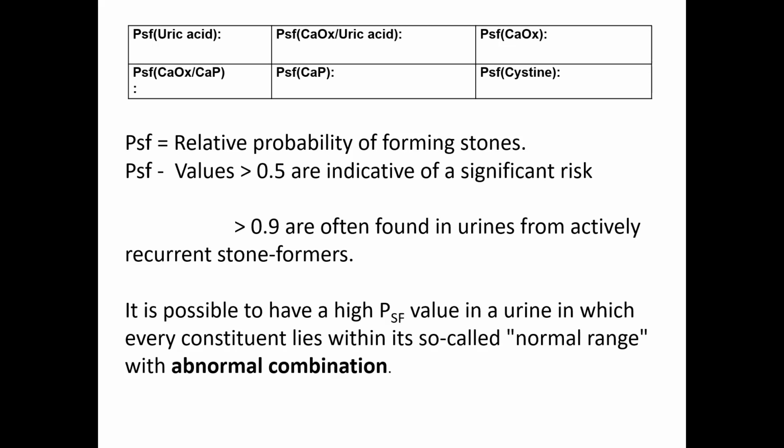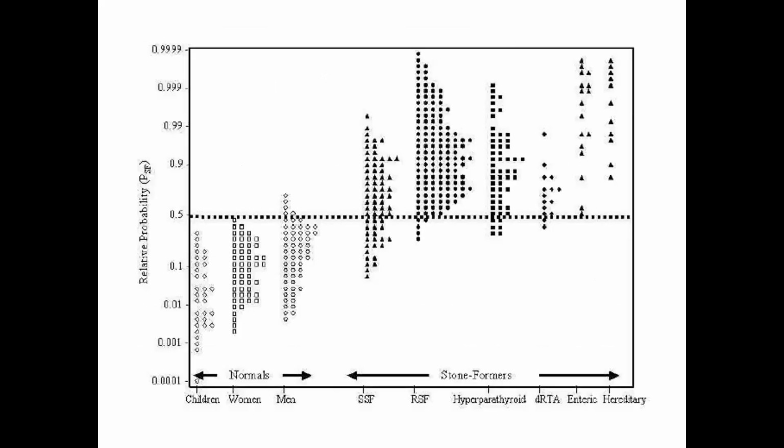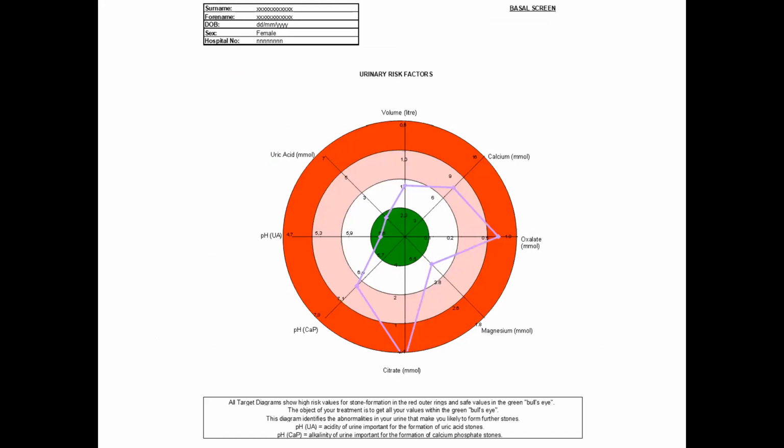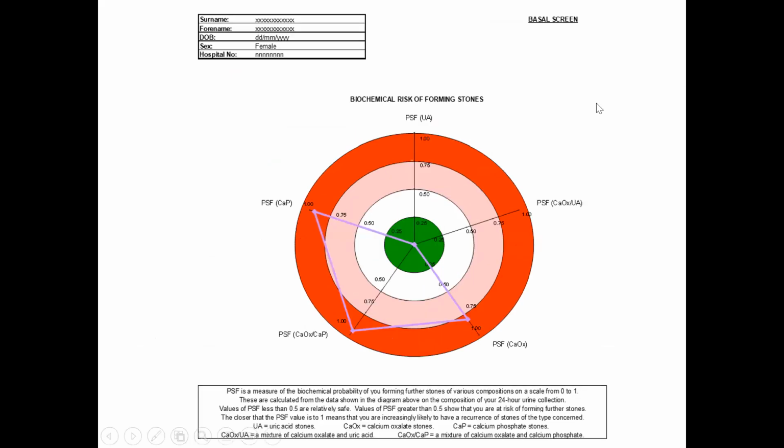In this slide, can you see the probability risk? At a glance we can see the patient is at risk of calcium phosphate or calcium oxalate stones. Then we know we should manage accordingly, because for patients having a high oxalate diet, we advise them to cut down some oxalate, and we add pure calcium, or we increase the calcium intake.